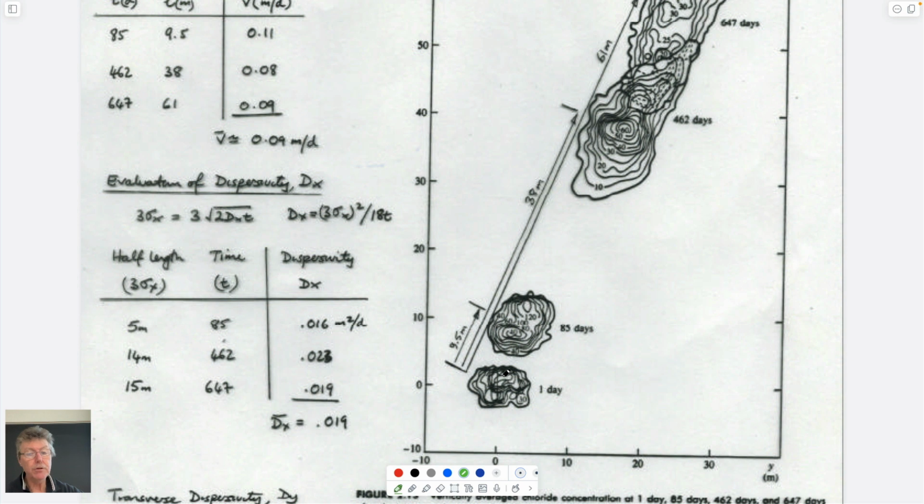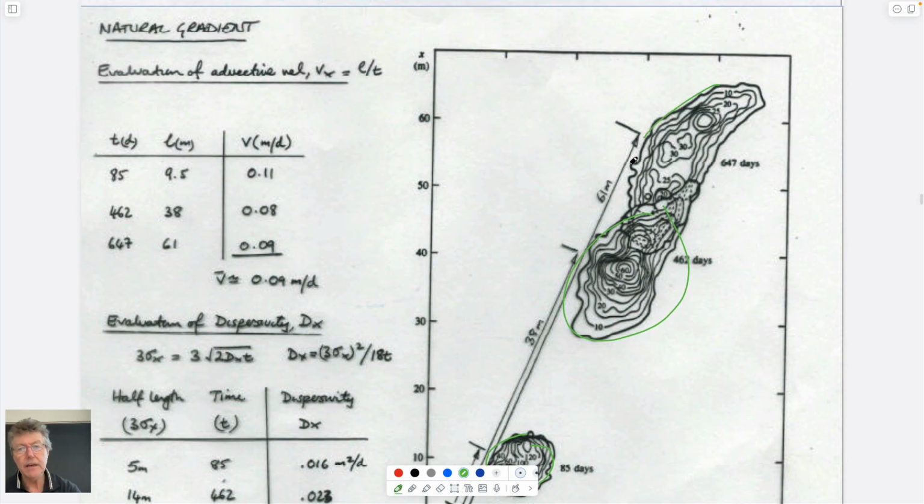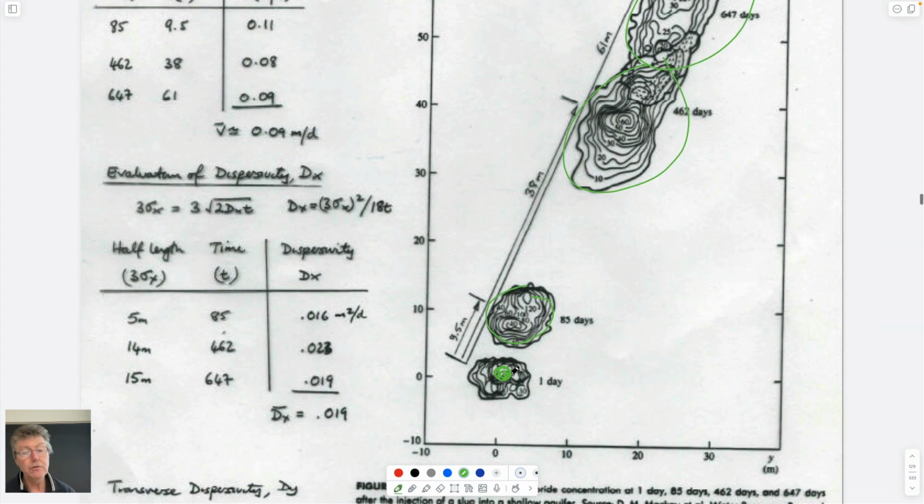You intentionally put into the ground an amount of fluid which is exactly this delta distribution that exists at time 0, and as time goes from 83 days to 460 days to 647 days, this plume progressively goes further down gradient.